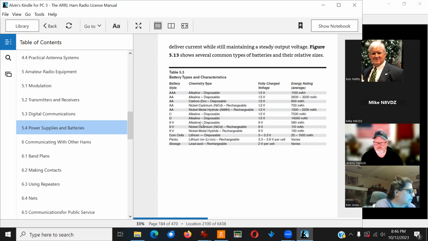Don't try to recharge disposables. Carbon zinc and regular alkalines are disposable. They have a couple of new types. What is it? LiFePO4 or something like that, which are supposed to be even denser.